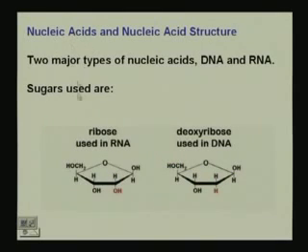The sugars that are used in these two types of nucleic acids are ribose. Ribose is used in RNA, and the essential difference between ribose and deoxyribose is the missing OH at the 2' position of the sugar ring in DNA. Okay?